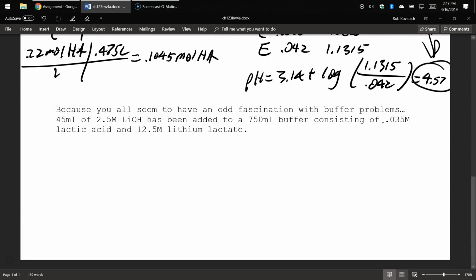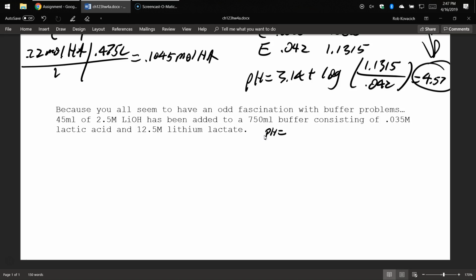Okay, so we got another buffer problem here. So we got lactic acid and lithium lactate. Wow, that's a lot of lithium lactate. I don't remember writing this one, but okay. Well, we might as well figure out what the pH is first.